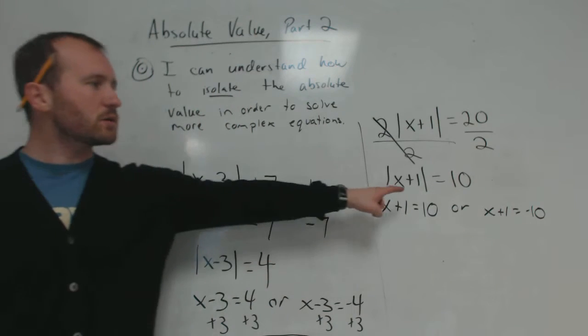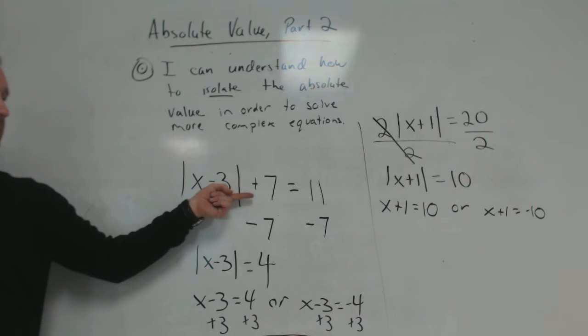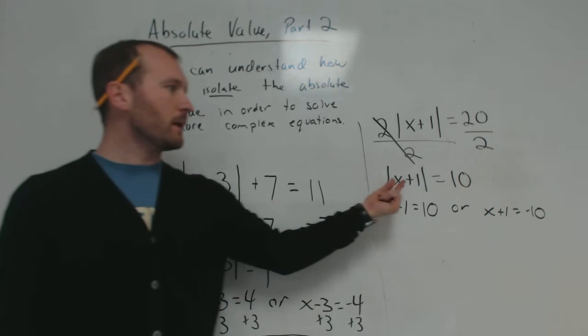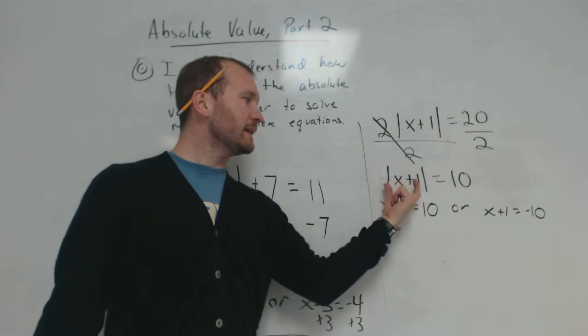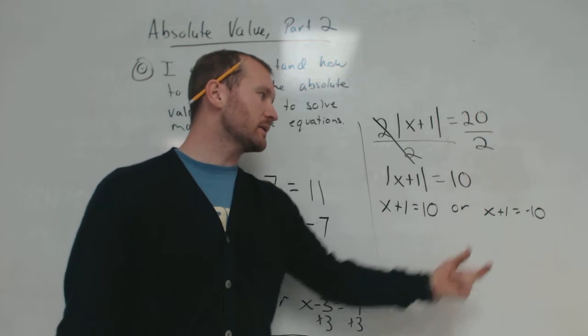So do you see the difference between this and this? Here, the plus 7 was outside of the absolute value. That's why I had to subtract it first. Here, the plus 1 is inside, so I actually can't subtract it until I do this.